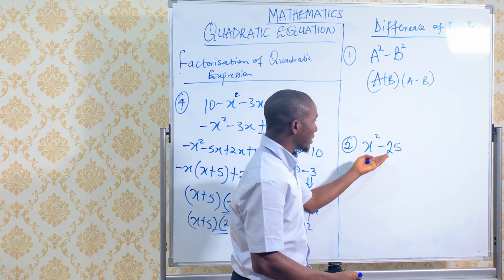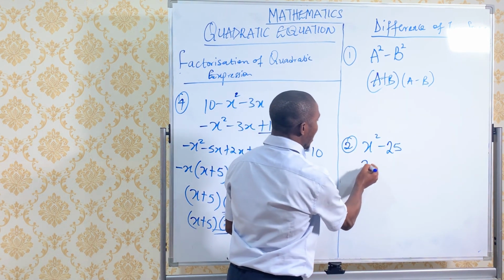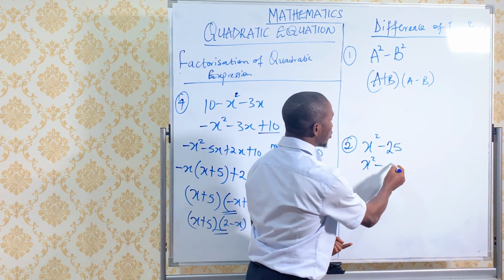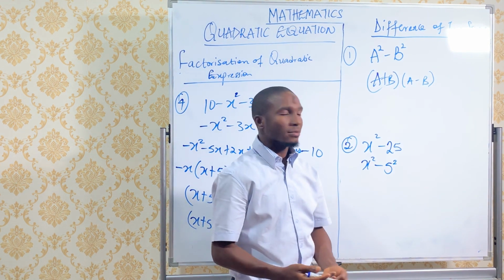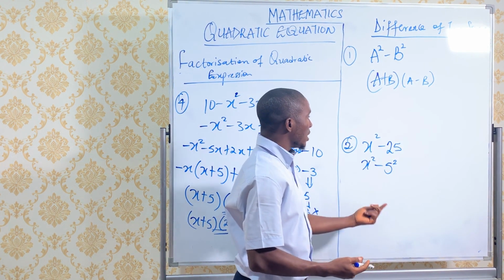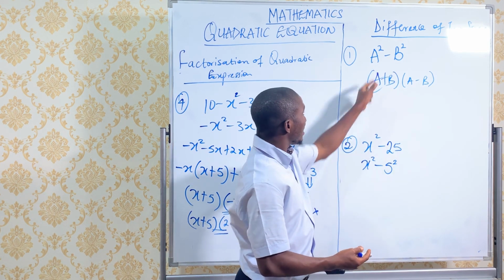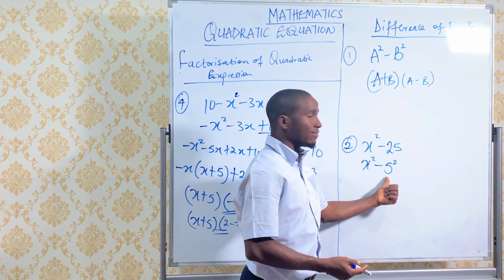Now, for example, let's look at this. We have x squared minus 25. 25 can be written as 5 raised to the power 2, that is 5 times 5. 5 times 5 will give us 25. If you now compare this with this, we can see that instead of a, we now have x, and instead of b, we now have 5.